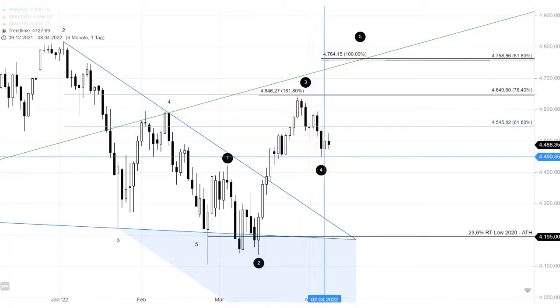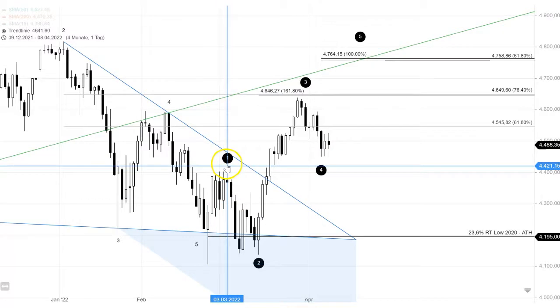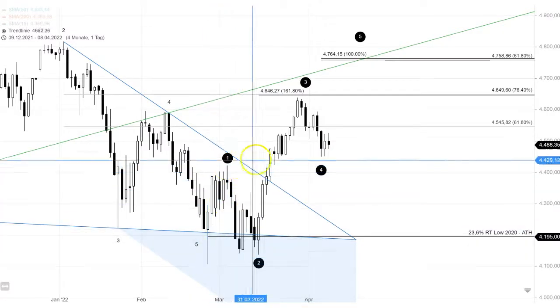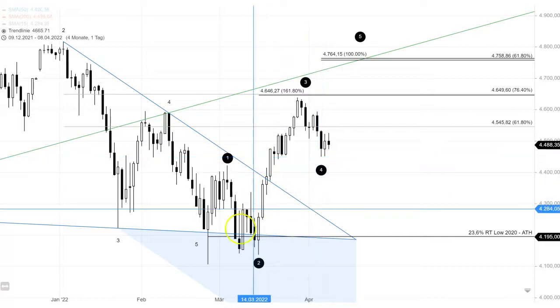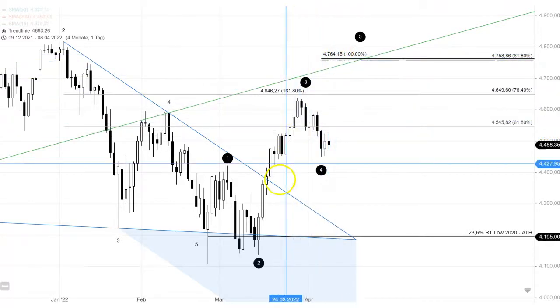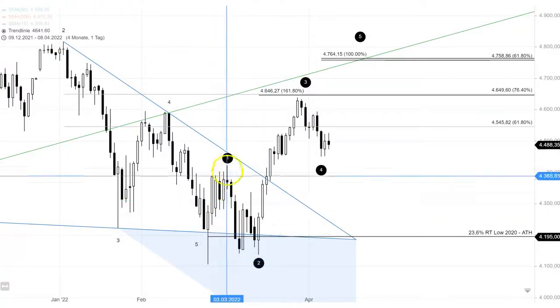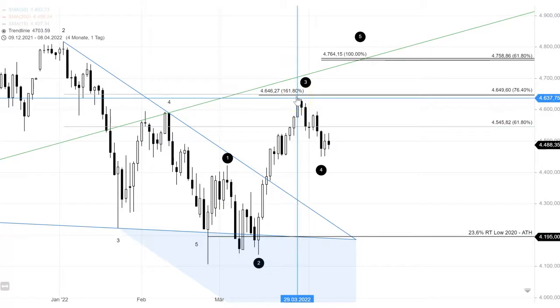I'm not sure if this one is completed yet, but if it is, and we put on here another extension, considering this one here, 100% of that first leg, because the fifth wave, the last move to the upside, likes to be as long as the first one, and that gives us a target of 4764.